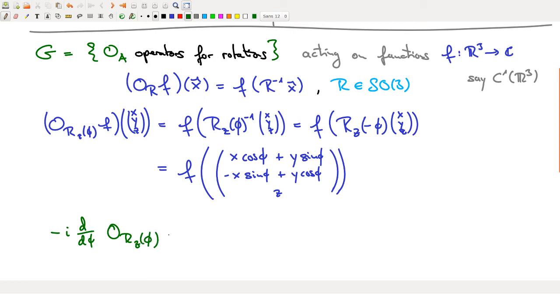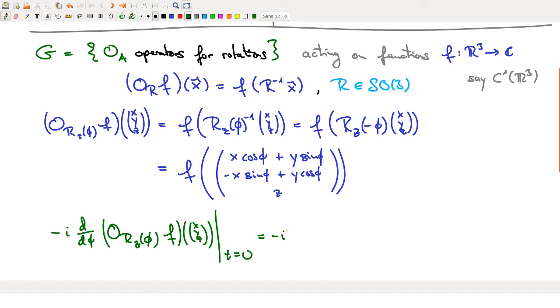Let's look at how this acts on some function f, evaluated at x, y, z, and then the whole thing at phi equals 0. So what's that? Just copy the minus i.